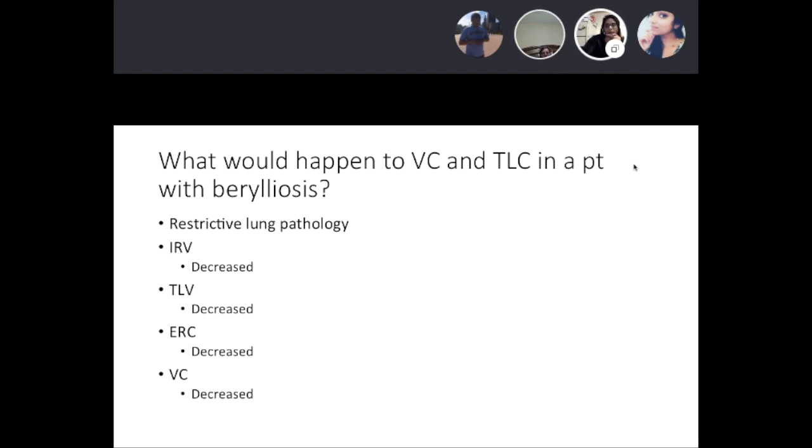Exactly. All right, so that wraps up my review on obstructive versus restrictive. So restrictive, everything is decreased except the FEV1 to FVC ratio, which is normal to increased, because everything is decreasing proportionally. Yep.